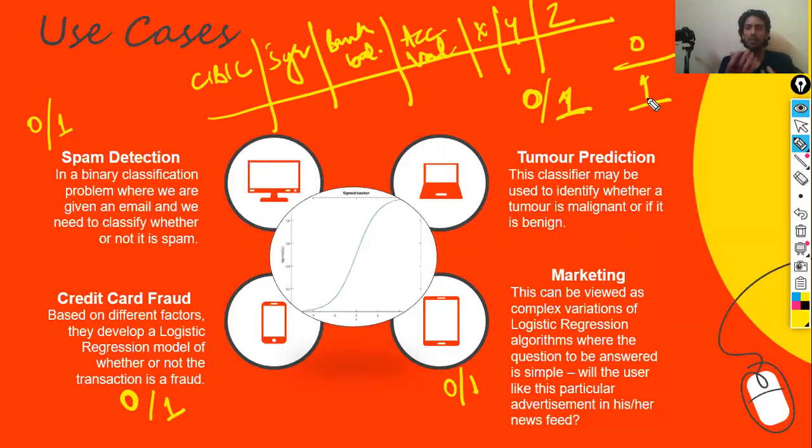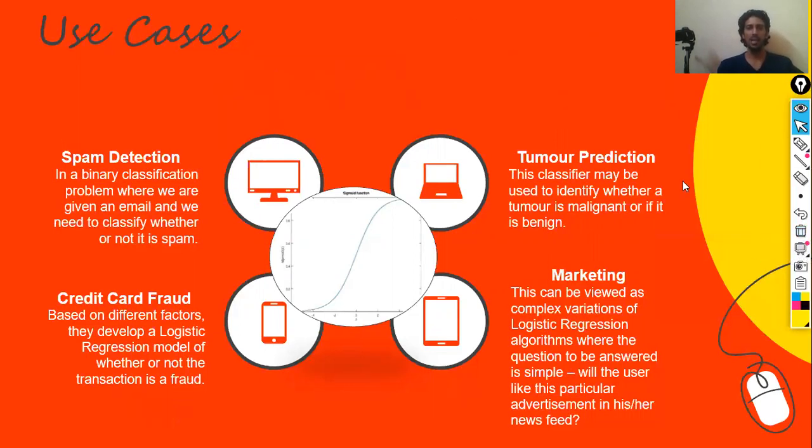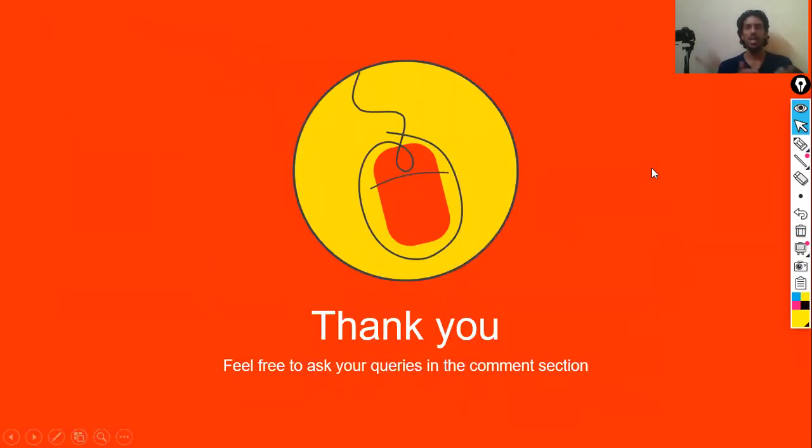That is how I would want to classify my fraudulent data set. So guys, these are some use cases that we have with regards to logistic regression.